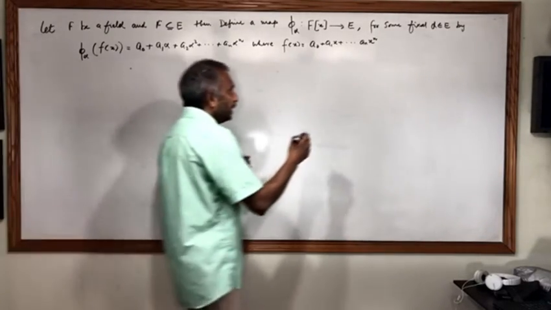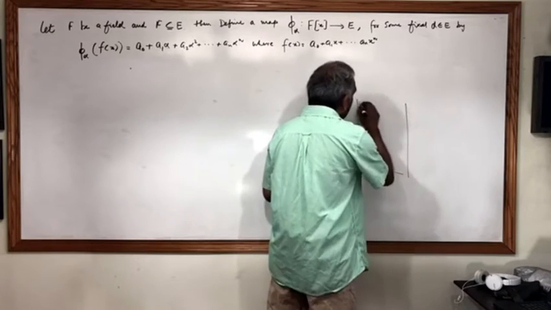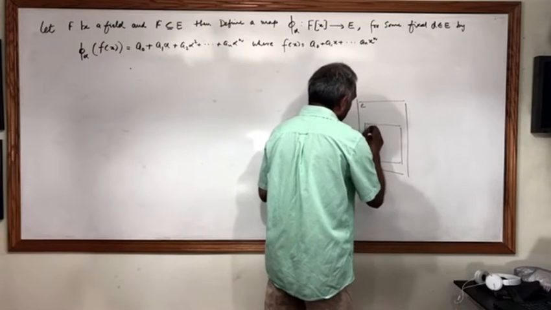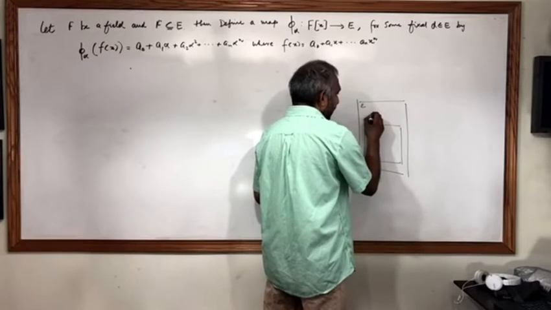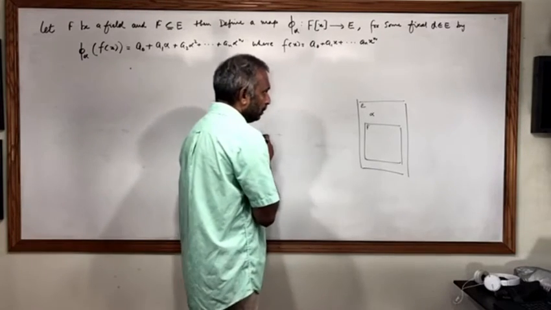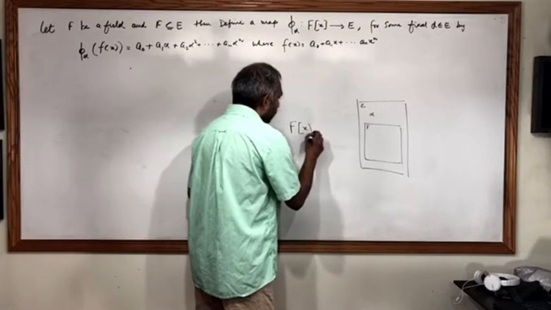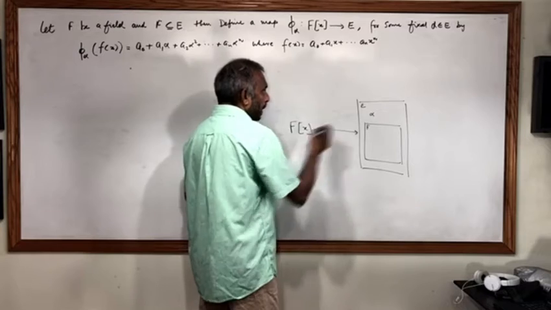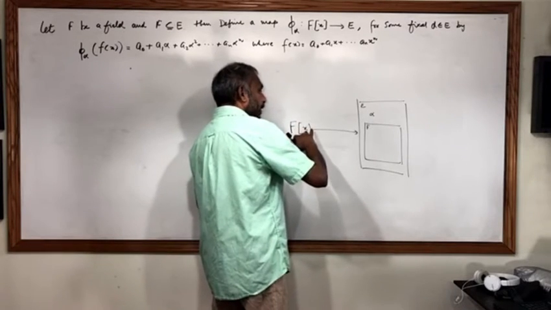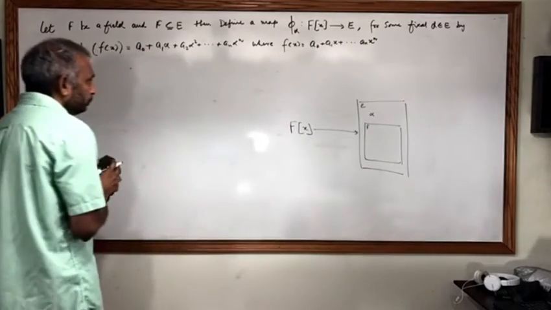See, this is going to be like this. There is an E here, there is an F here, and alpha is somewhere here, or it could be inside F also. So we are going to define from f of x to this by replacing the indeterminate with alpha, and that is what this one is.